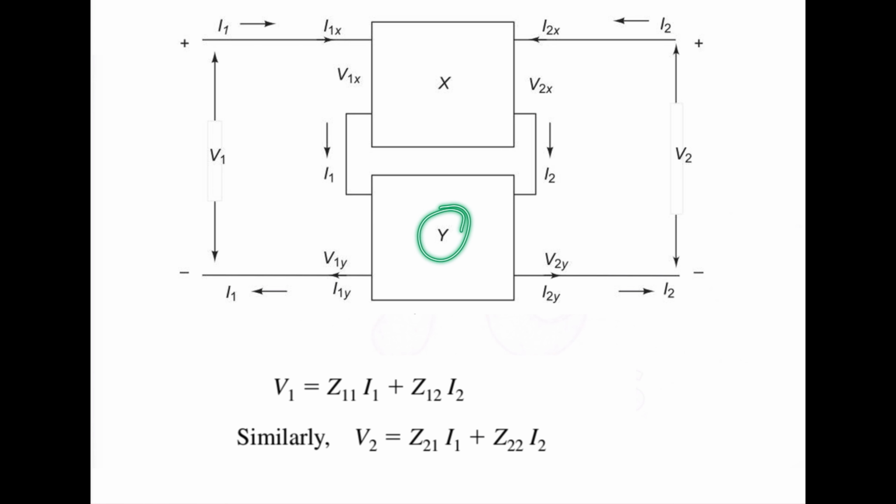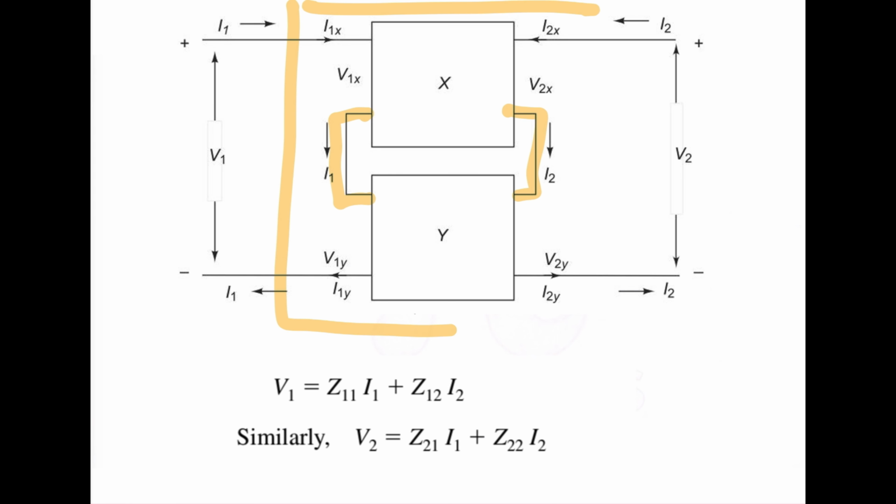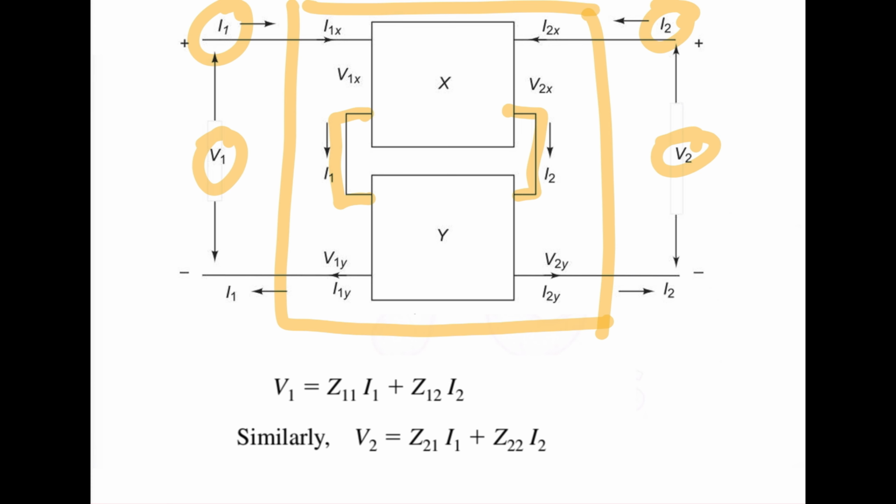Then for the second two-port network, represented with Y, mark I1Y, V1Y, I2Y and V2Y. This is the connection that represents them being connected in series. For the entire series-connected two-port network, the currents and voltages are I1, I2, V1 and V2. This is the basic circuit diagram to be drawn for this question.